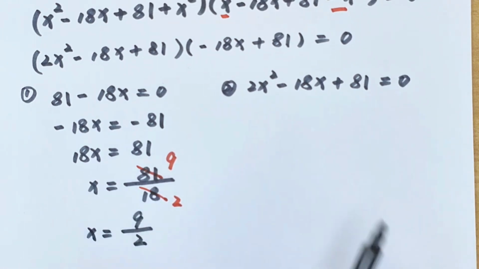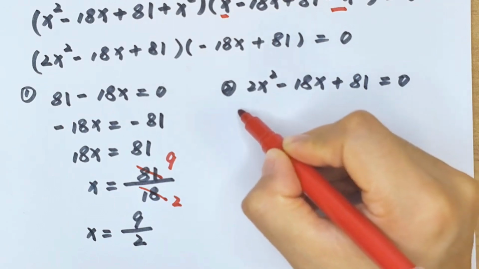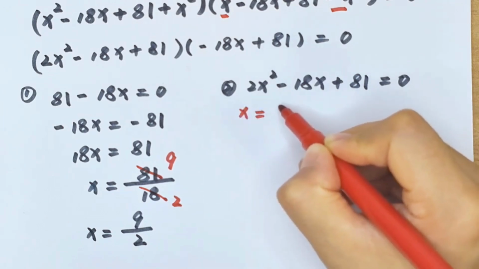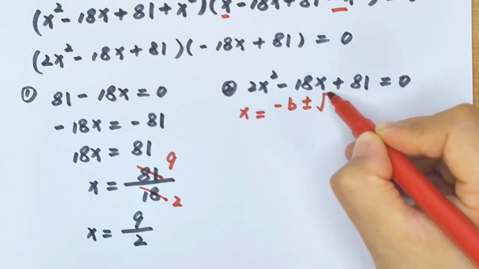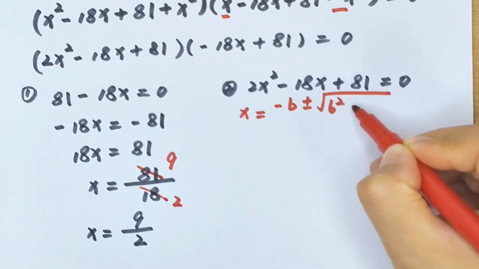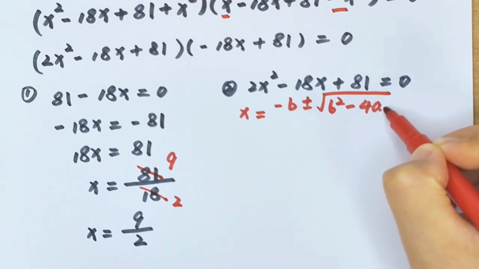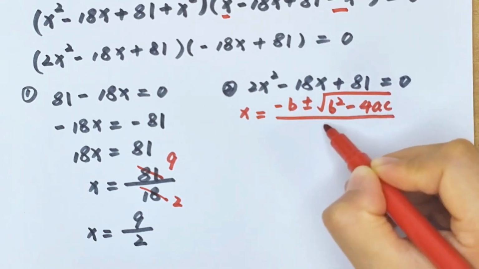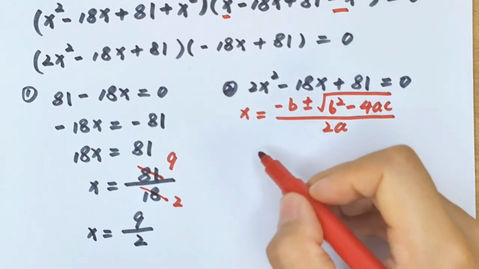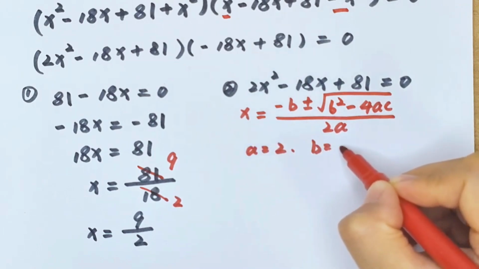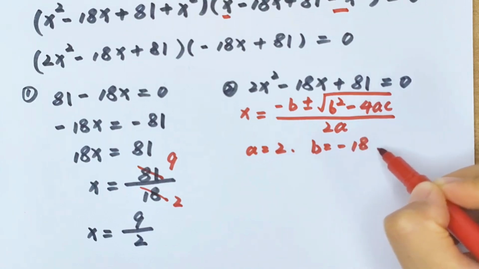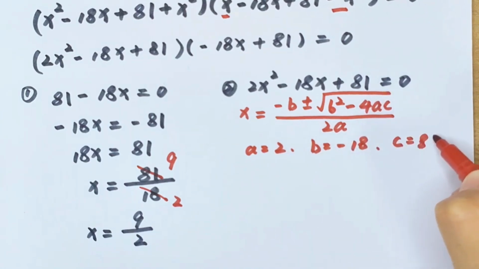And in here, we apply the formula that x equals negative b plus or minus square root of b squared minus 4ac, divided by 2a. And in here, a is 2, b is negative 18, and c is 81.